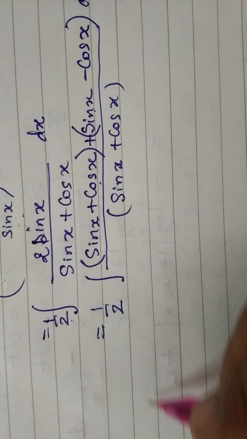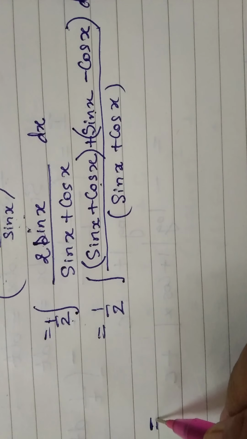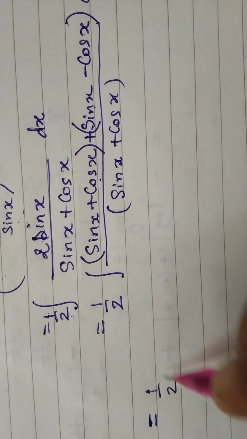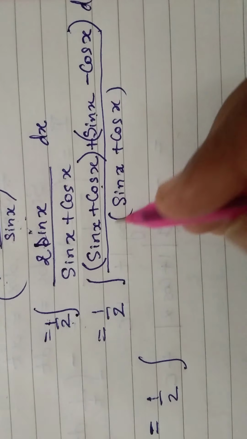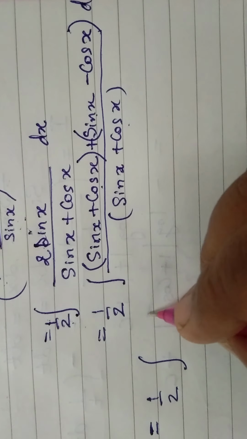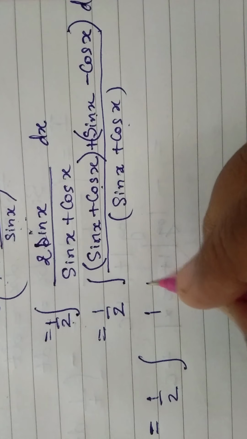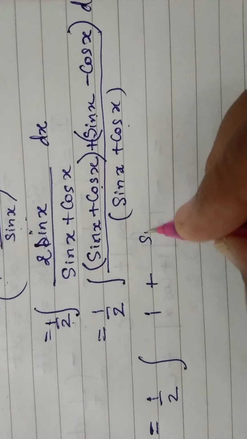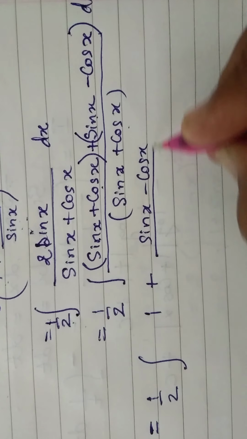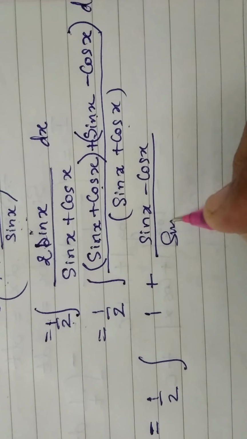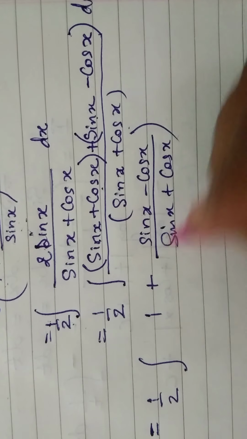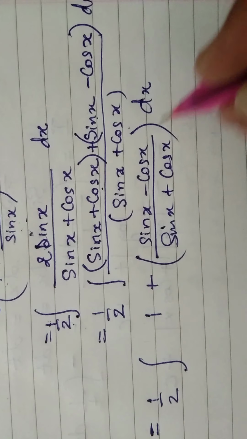Now I separate my denominator for both the groups. So I have 1/2 and integral sine plus cos upon sine plus cos. So that is going to be 1, and plus this is sine x minus cos of x and the whole thing upon sine of x plus cos of x and dx.